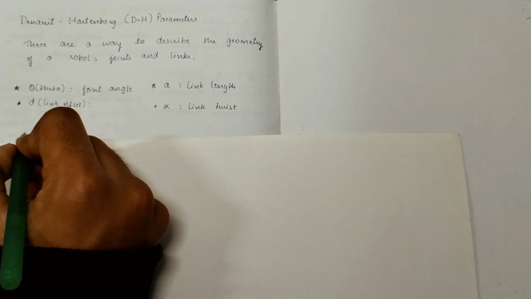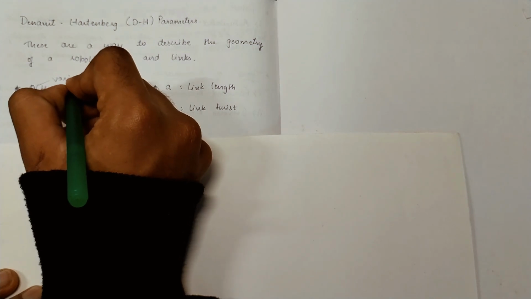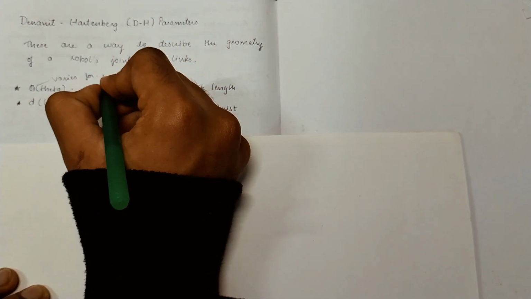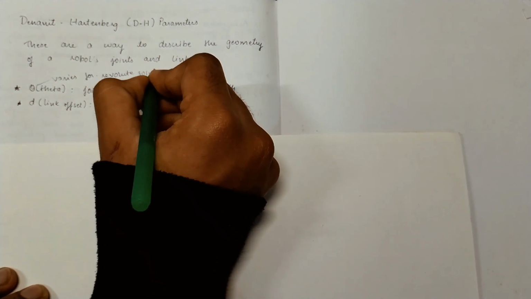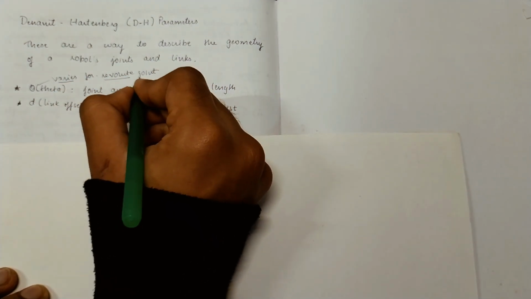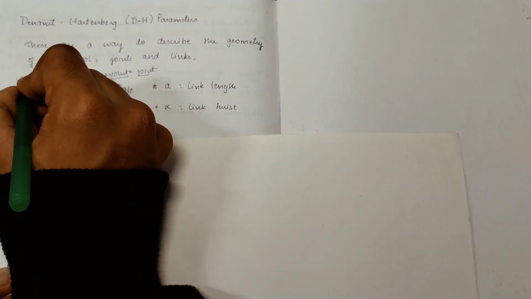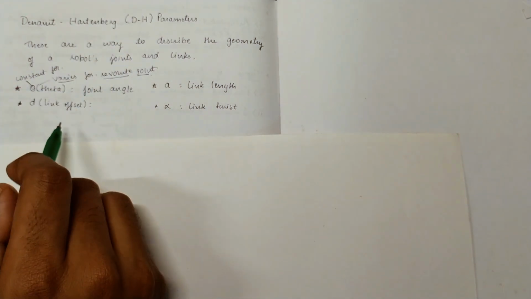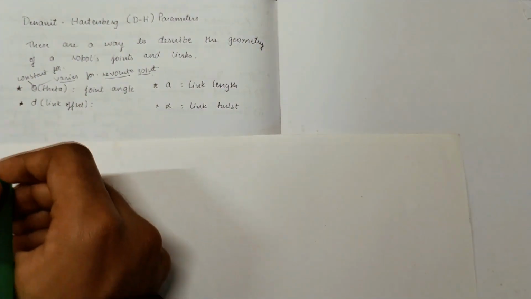So theta varies for a revolute joint, and it remains constant for a prismatic joint.